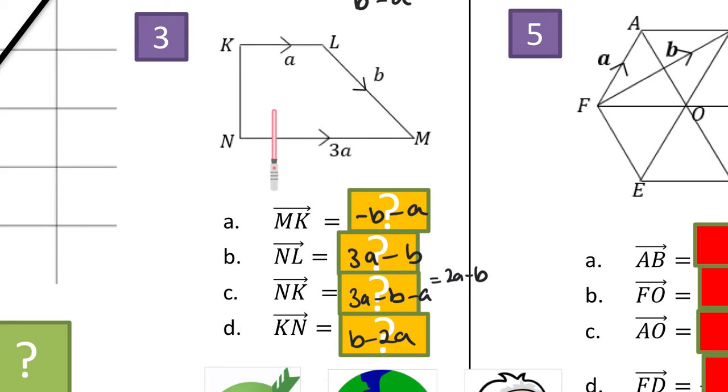Okay, but obviously if you think we go A plus B minus 3A.